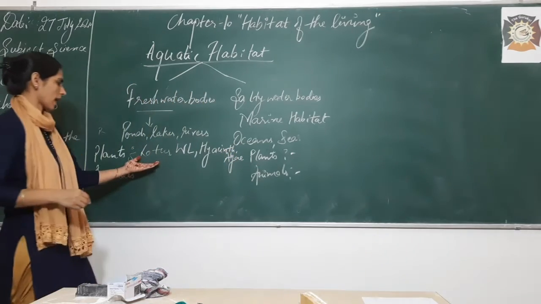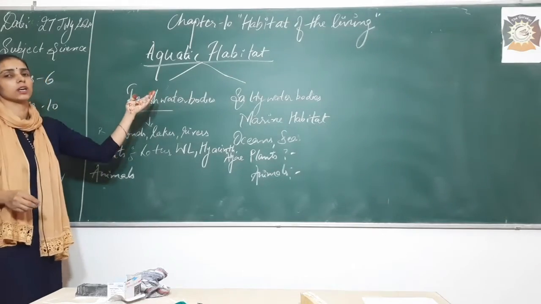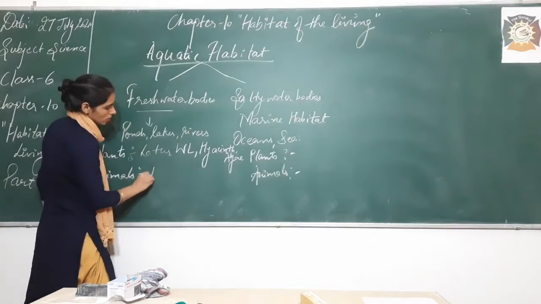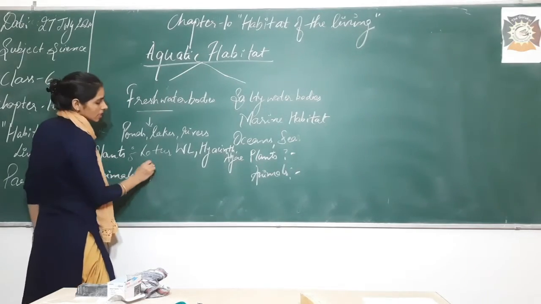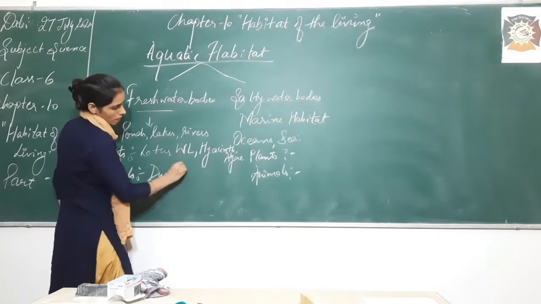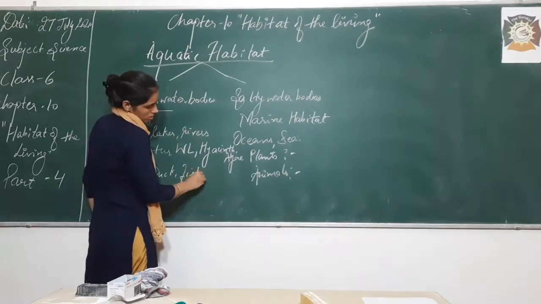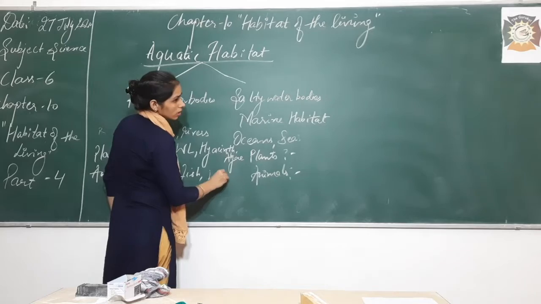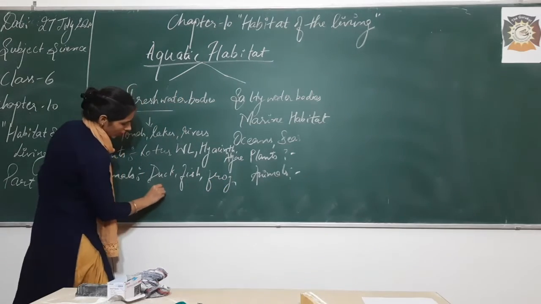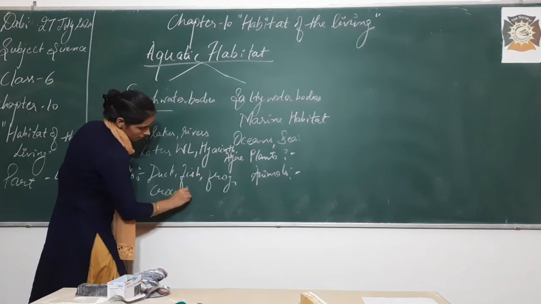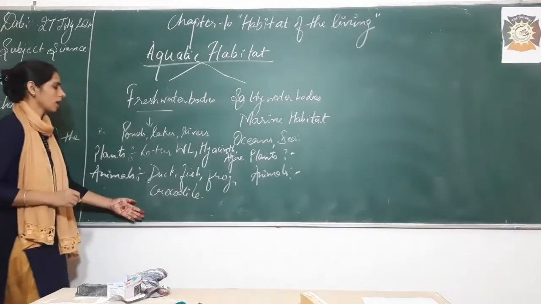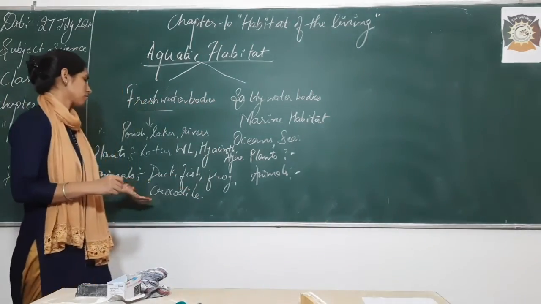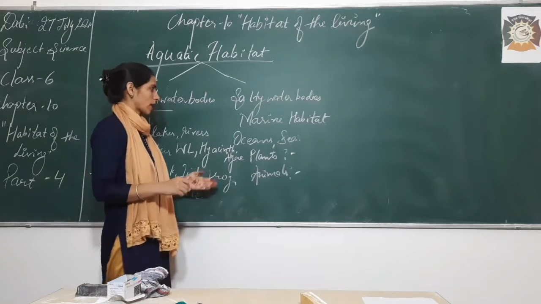These are the plants which survive in freshwater bodies. And next, animals. You must have observed a number of times duck, fish, smaller fishes, frog, then crocodile. They all live in freshwater bodies. You can find a number of fish, ducks, frogs, crocodiles over there.